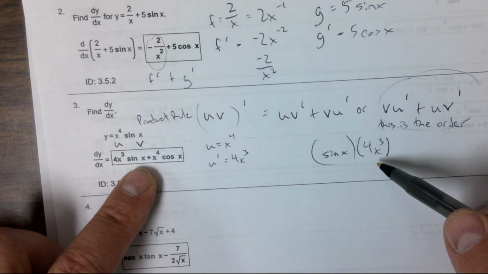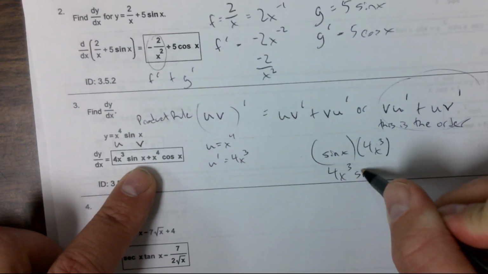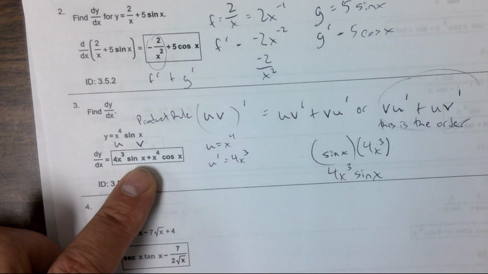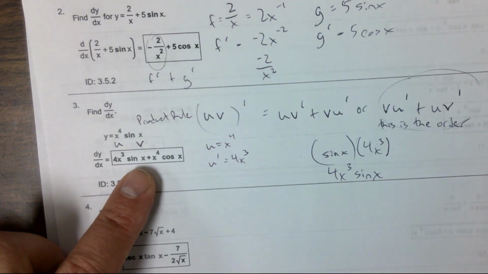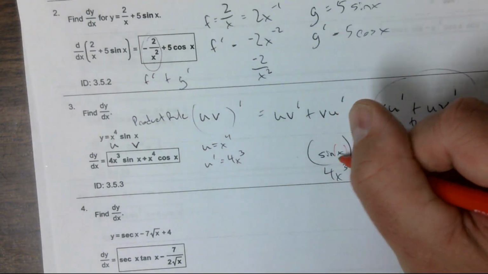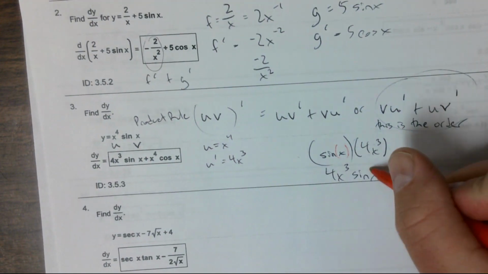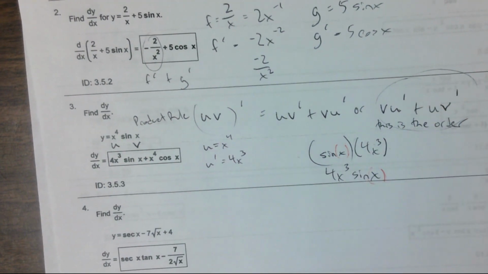That'd be a mistake. So that'd be 4x cubed sine x. In fact, if you really wanted to, I'm going to get a different color pen. You could have said sine x in parentheses, just so you don't confuse yourself. But that's completely up to you.